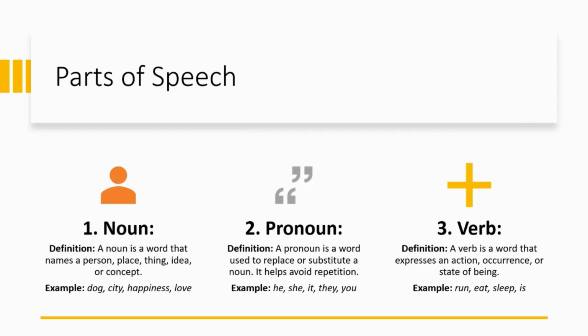One, noun. A noun is a word that names a person, place, thing, idea, or concept. You may say that a noun is anything, whatever you see, whatever you feel, whatever you imagine, whatever you think of.